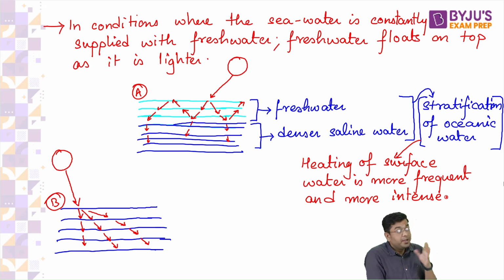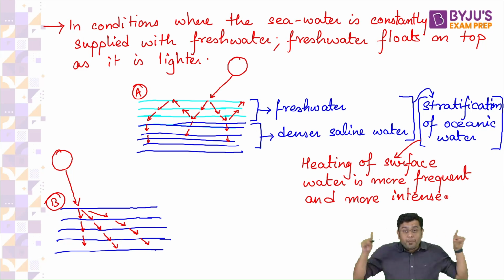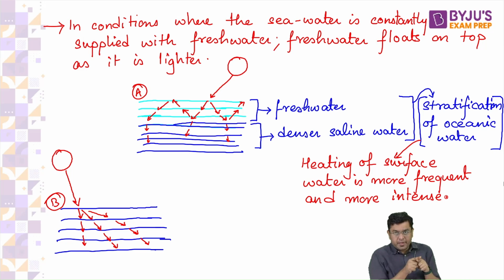You can talk about how the normal Walker cycle, the case of La Nina, the case of normal IOD, the case of negative IOD, all of them can create low pressure areas around Bay of Bengal, induce tropical cyclones. Then stratification of oceanic water also induces tropical cyclone. So that covers your answer from all the perspectives.